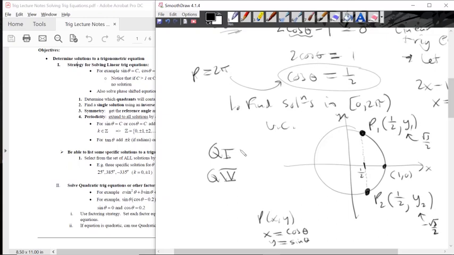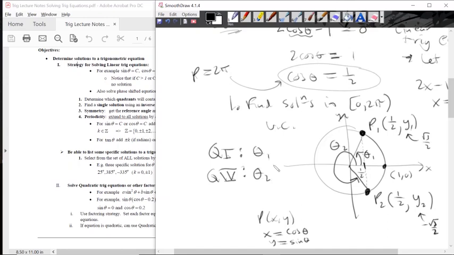I'm going to call the solution in quadrant 1 theta 1. And then there's a solution that can be found in quadrant 4. I'm going to call this solution theta 2. So I have theta 1 and theta 2.